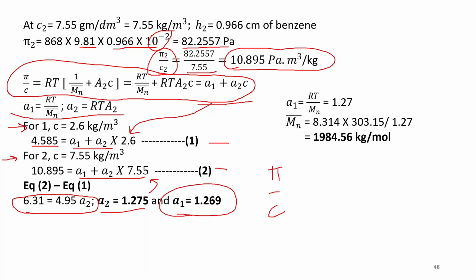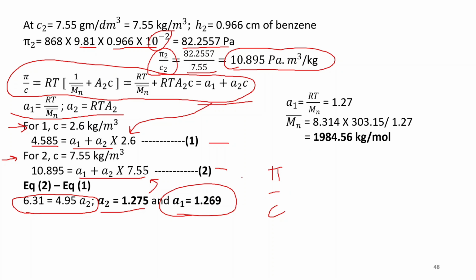So we know the A1 and A2 values now. We know that A1 is equal to RT by Mn bar, and A2 is RT into A2, which is the second virial coefficient.